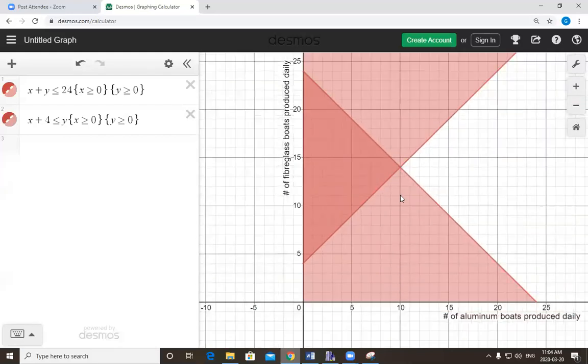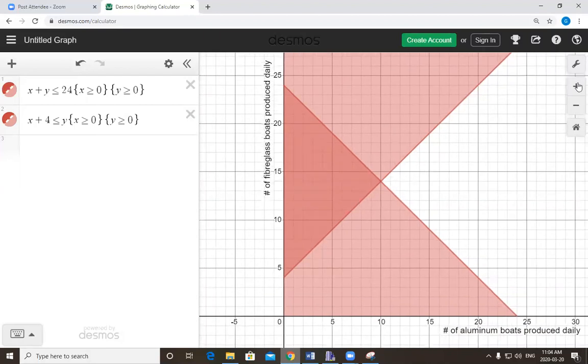So that point would be 10 and 14. So 10, 14 would be the maximum. So any combination of boats in here would satisfy the daily production requirements.